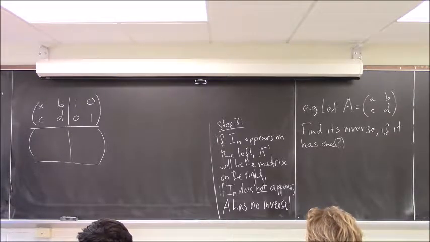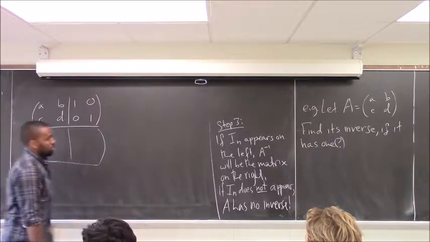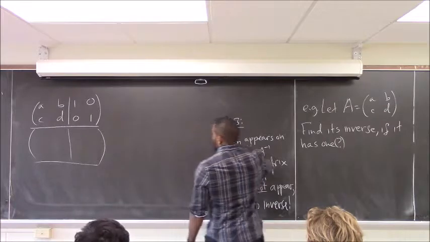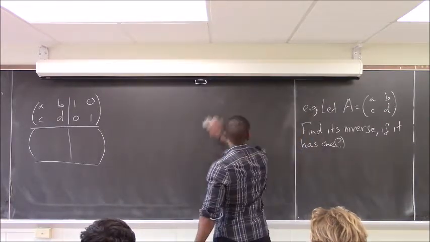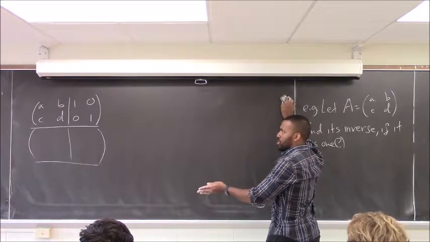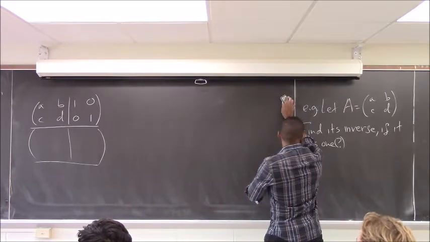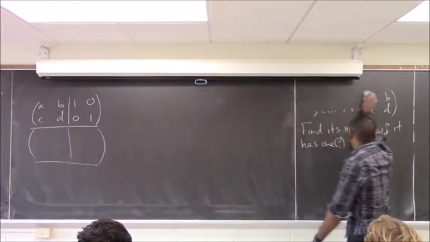How would you do that? You can divide the entire row by A. Here's what I would say though, and this is a general thing, which I'm going to talk about after doing something longer like this.